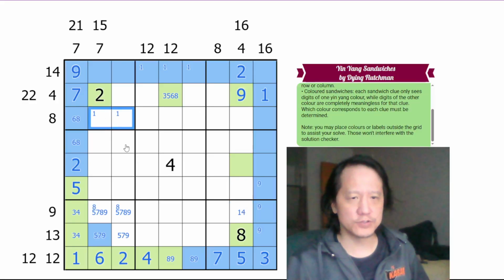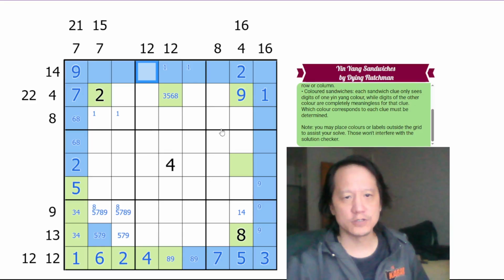1 is one of these two. This cannot be 1 here. If this is 1 here, this would guarantee this is 6, 8 as a pair, but that would eliminate all possibilities for that cell. So this can't be 1.